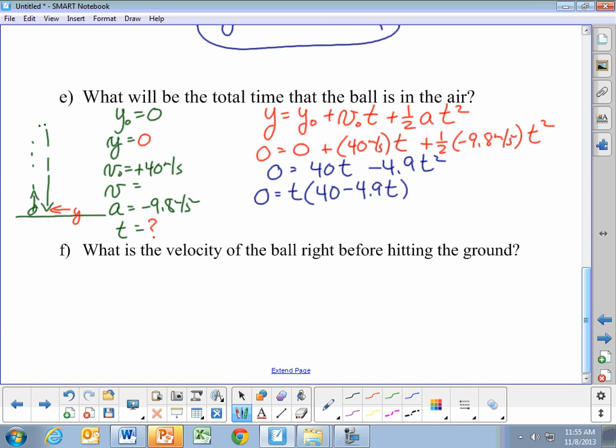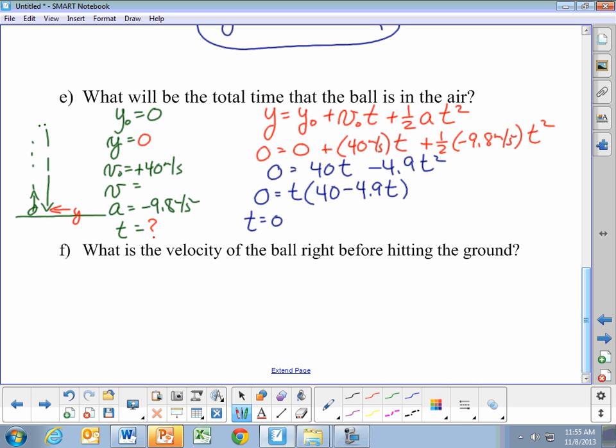If you don't have a 0 on the other side, you could still factor something, but you can't set those factors equal to anything, because it's only 0 times anything that gives 0. So we're setting each of these factors equal to 0. So either t equals 0, which we should expect as one of our answers because it did start at the ground.